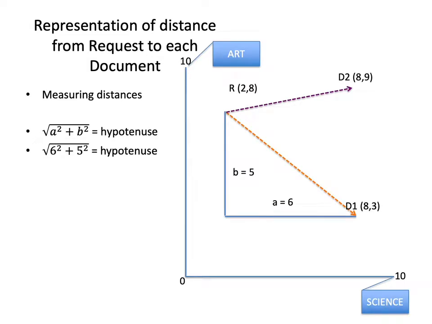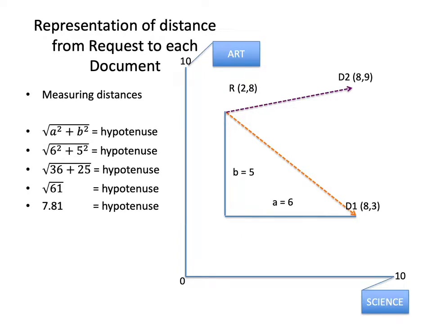We can go through the same process with the distance from the request to document 2. And here we have A is just 1 and side B is 6. The calculation of the hypotenuse is A squared plus B squared, 1 squared plus 6 squared. 1 squared is only 1, 6 squared is 36.